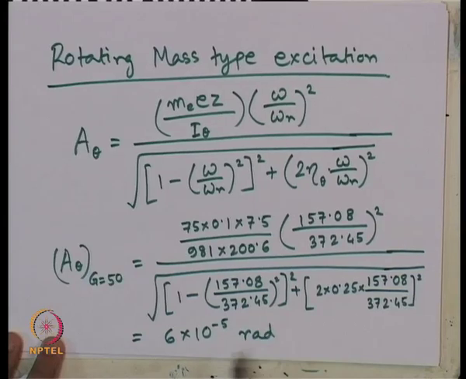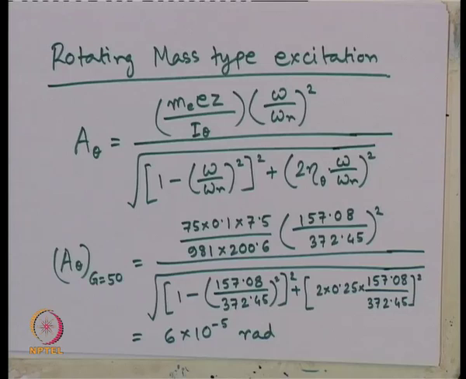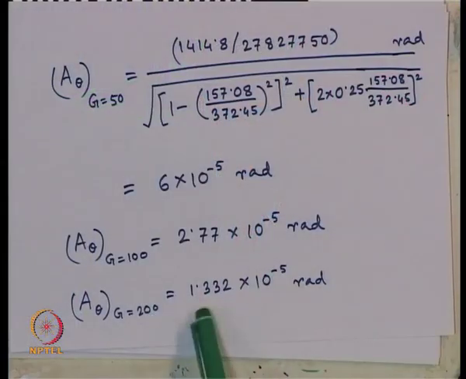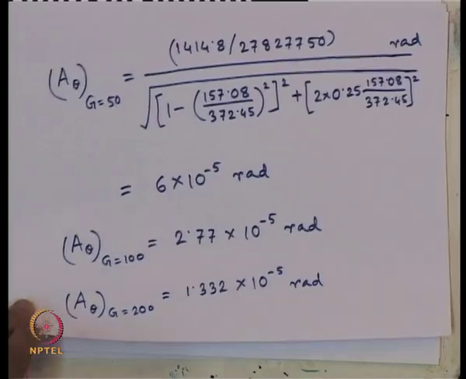So, this is a kind of cross check also, I can say, that at the same operating frequency with the same load, both cases should lead to the same result. If not, then there is some mistake somewhere in the calculations. So, no need to calculate for the other two cases; the other two values will also be the same as constant force type, which are 2.77 into 10 to the minus 5 and 1.332 into 10 to the minus 5 radian.